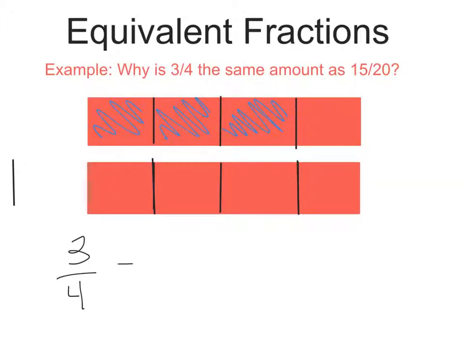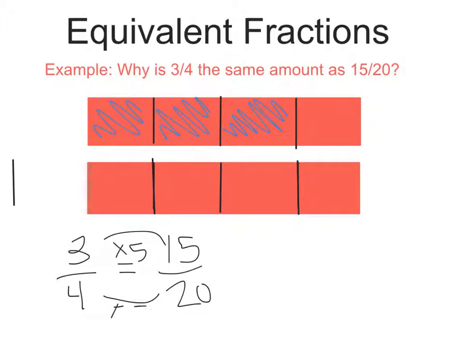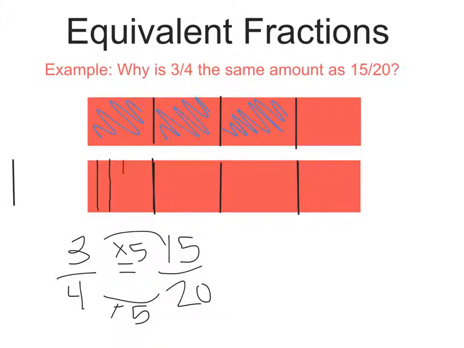3/4 is equal to 15/20 because each part of the fraction is multiplied by 5. Now we are going to divide each of the 4 equal parts into 5 smaller equal parts. 1, 2, 3, 4.